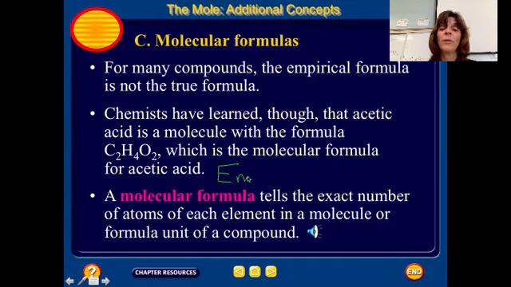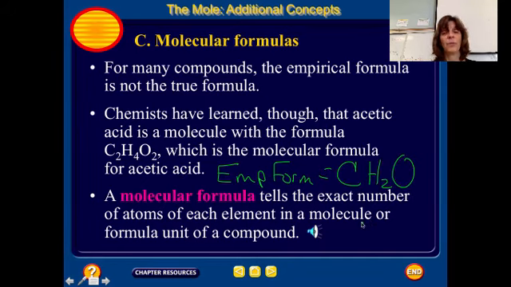The empirical formula would be the simplest ratio of those elements, which 2, 4, and 2 have a common multiple of 2. So CH2O is the empirical formula.